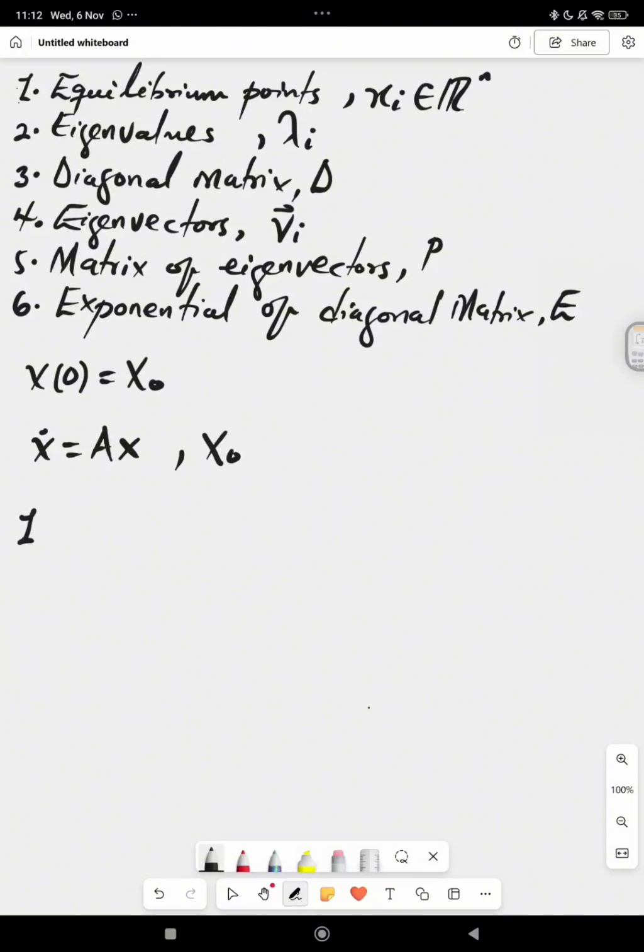For the first step, since we are dealing with a linear homogeneous case, the equilibrium points are always at the origin.